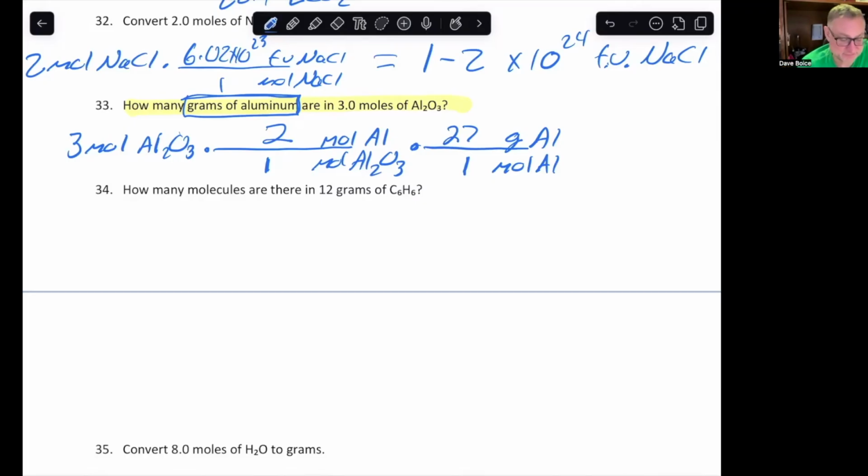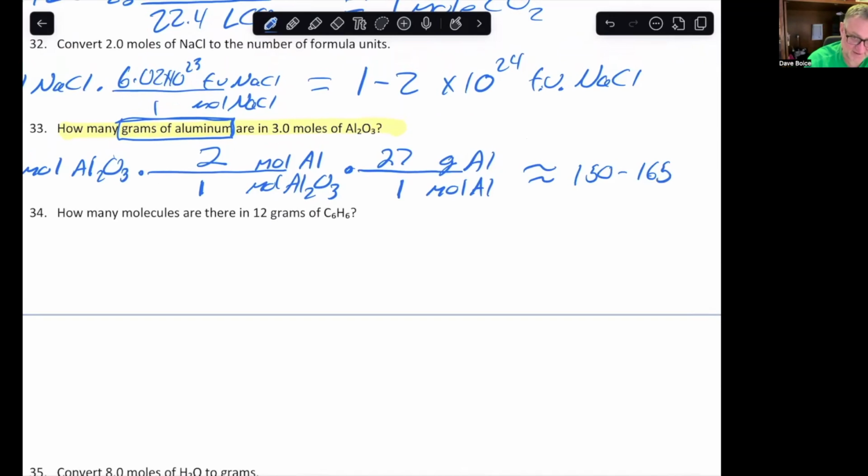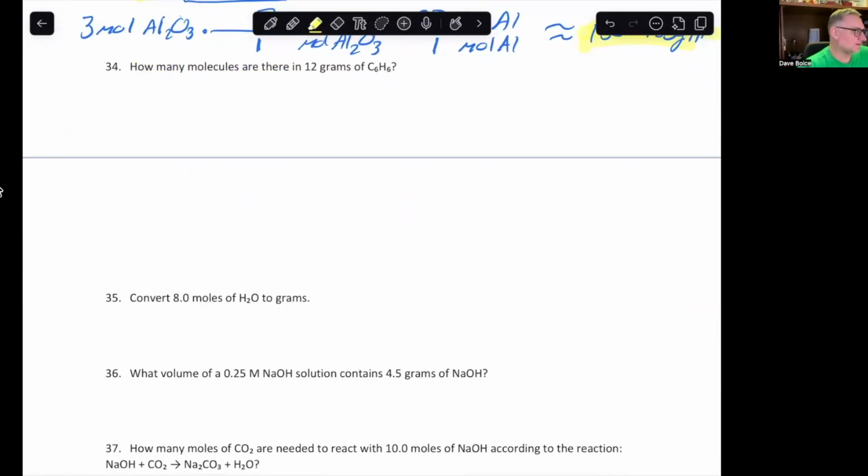And 3 times 2 times 27 equals about 150 to 165 grams of aluminum. So be careful that you're reading the question carefully. Occasionally something like that will pop up where you need to separate the aluminum from the aluminum oxide.